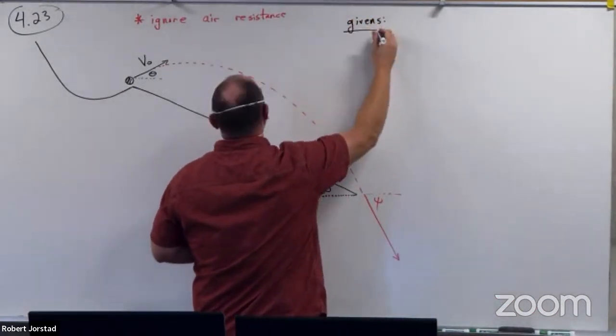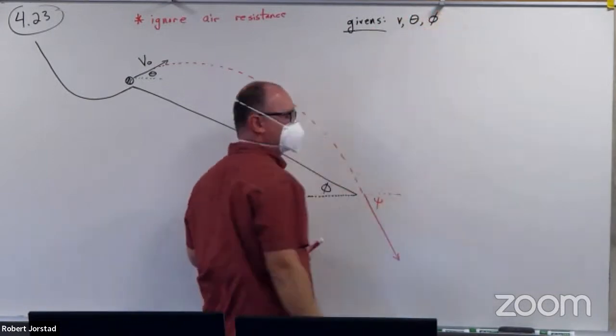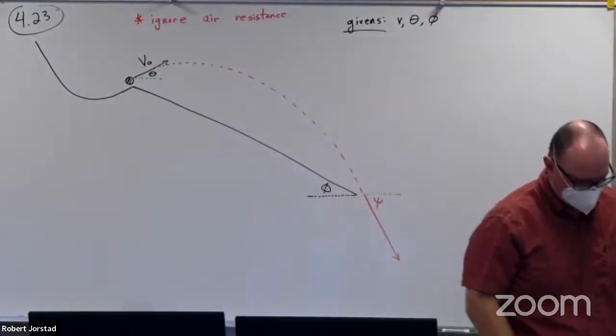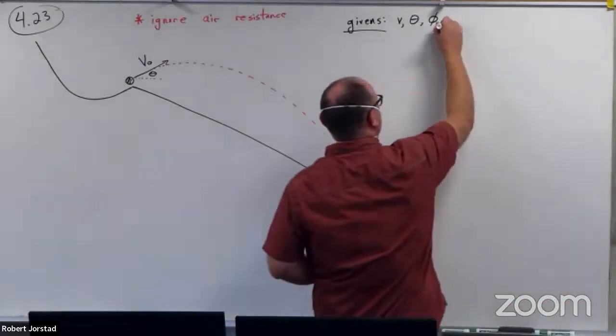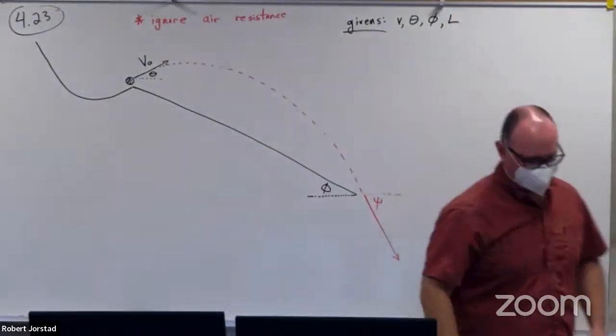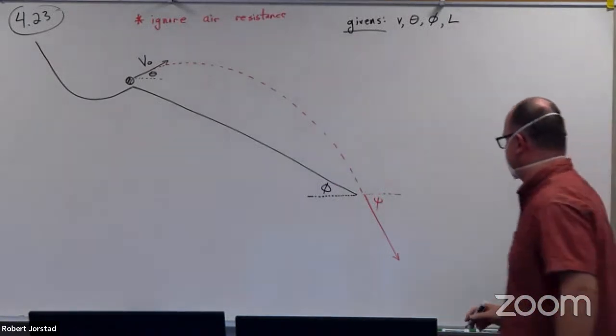Givens. Looks like we know V0, theta, and phi. And we know the distance L down the slope. I don't think psi is known, right? Psi is not known.